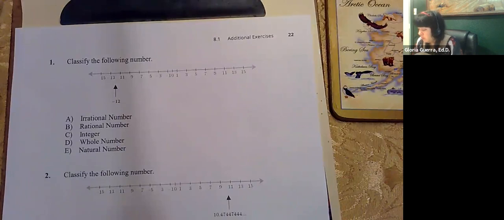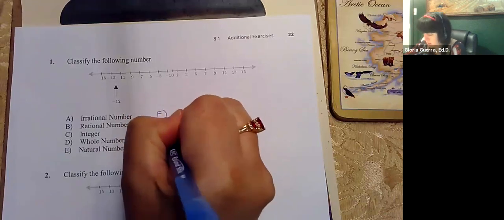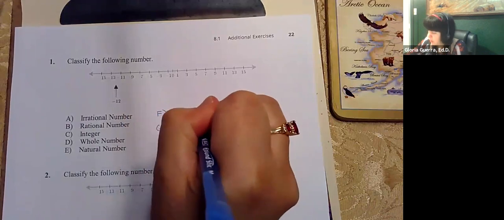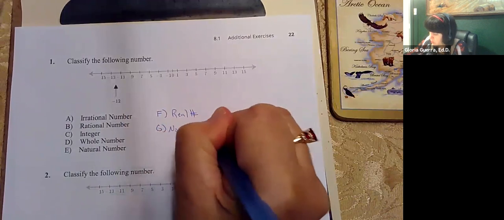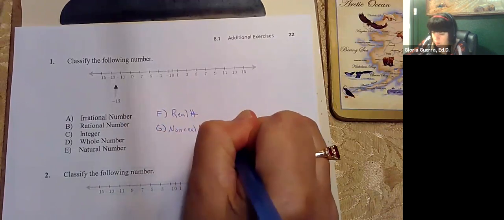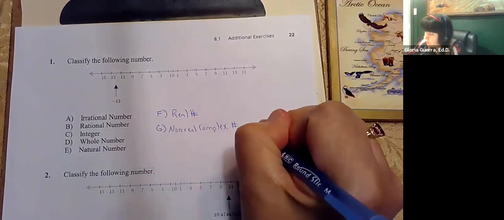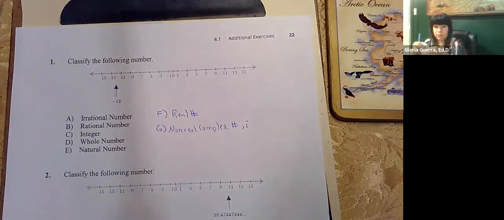Okay, so it looks like we're doing a few more classifications, starting with -12. I'm also going to add a couple of others, F and G: real numbers, and the non-real complex numbers, which involve the imaginary unit i.